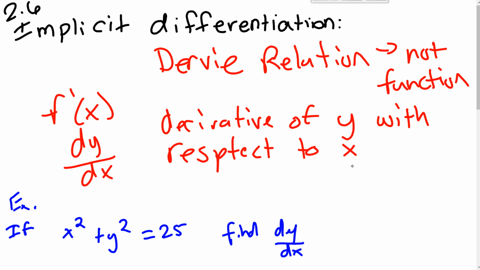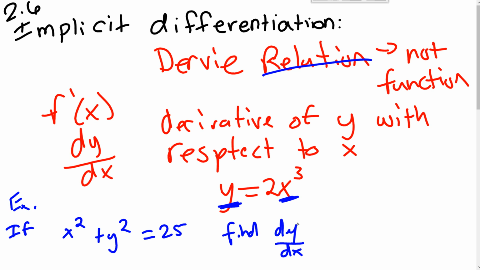It's always y equals some form of x, right? So here's my independent variable, here's my dependent variable. So I'm finding the derivative with respect to x. So these relations that we have will have two things in them, x and y. So our relations are going to have some form of x and y in them.